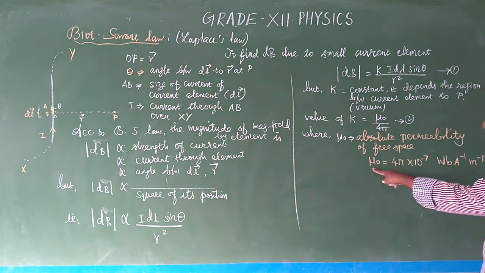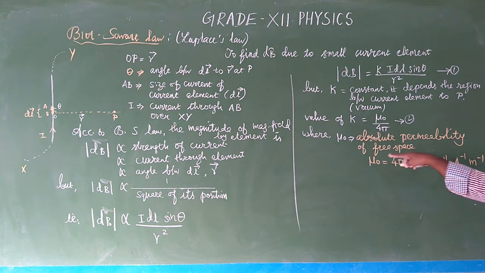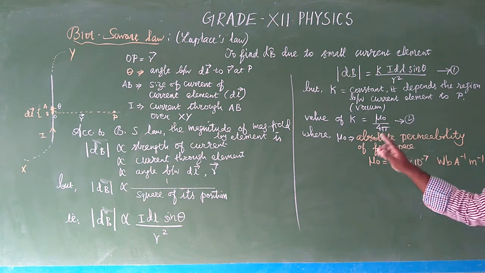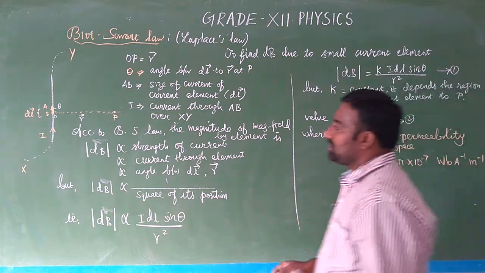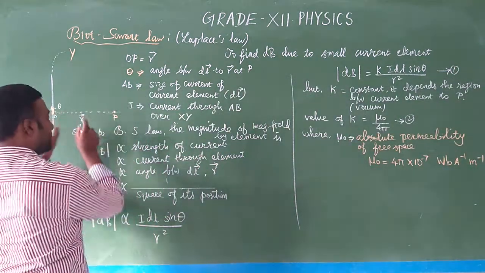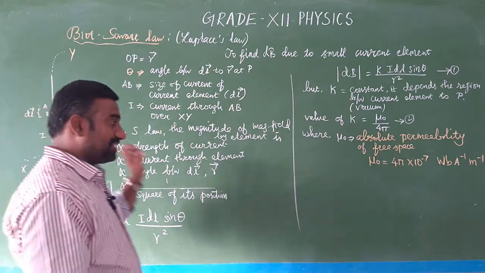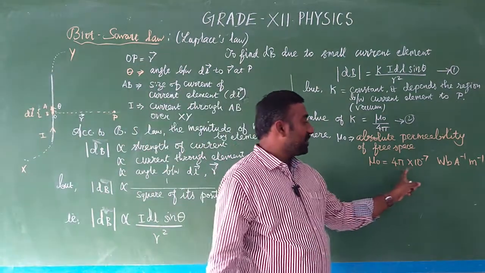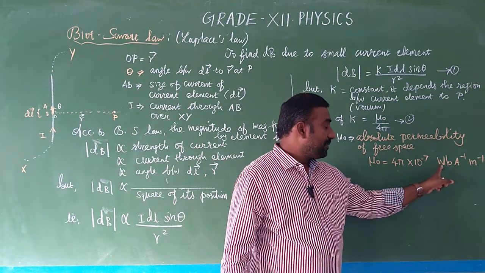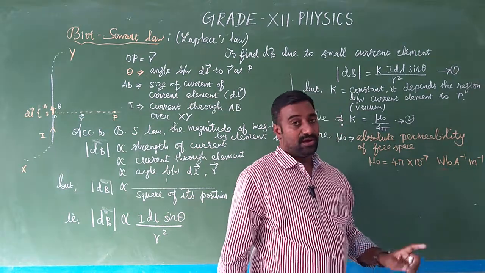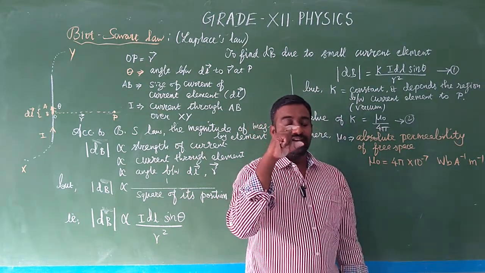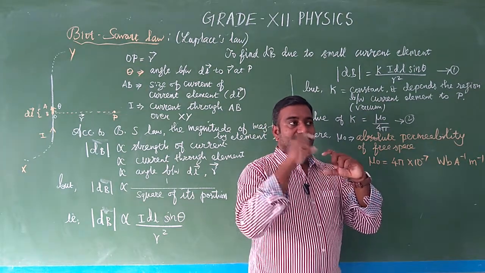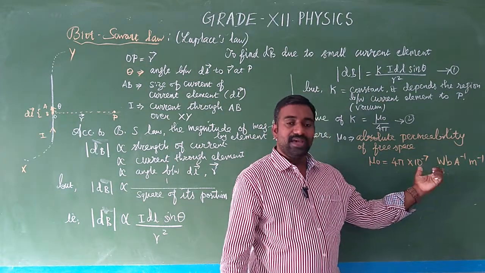This is the absolute permeability, but for some other medium the value may change. Here between the element and the point we assume it's a vacuum. அதாவது 1 மீட்டர் லென்த் இருக்க கண்டக்டர்ல 1 ஆம்பியர் கரண்ட் போச்சுனா அந்த கேஸ்ல produce ஆகுற magnetic field.